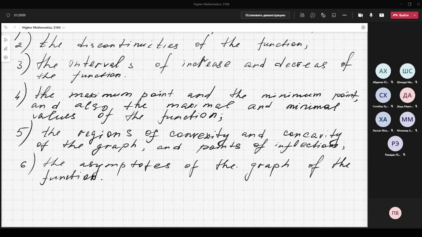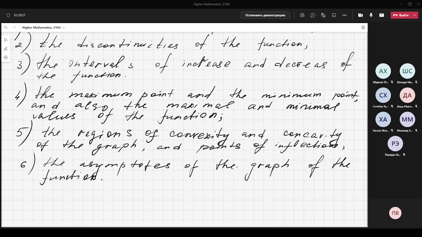For negative values of the argument, the graph is constructed on the grounds that the graph of an even function is symmetric about the ordinate axis.